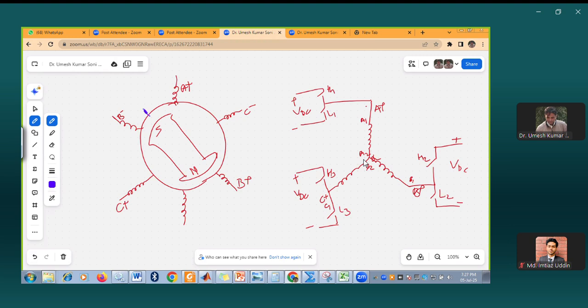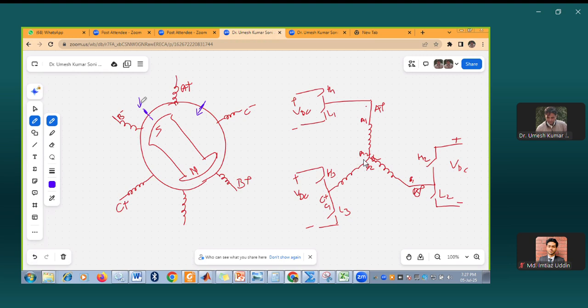Suppose our rotor is here, then we will have to energize such that our axis of the flux goes here. So we will energize A plus C minus when the rotor is at this place. For this, we have to know how the Hall sensor logics are varying.